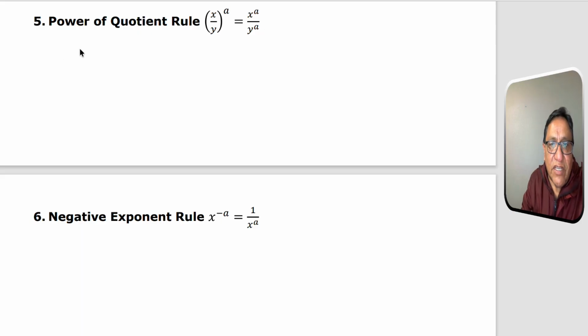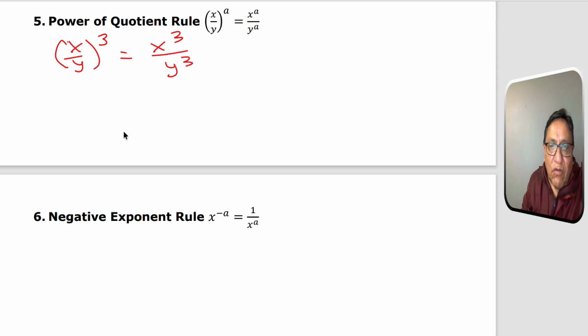So let's do one example. Let's say that I have x over y to the power 3. So this will be the same as x cubed divided by y cubed. Okay.